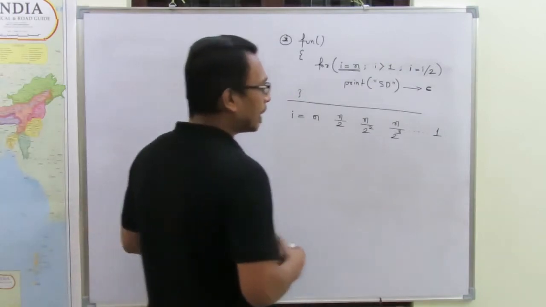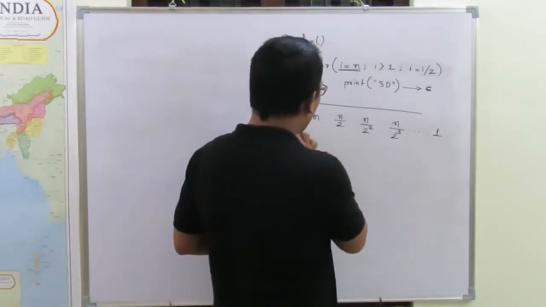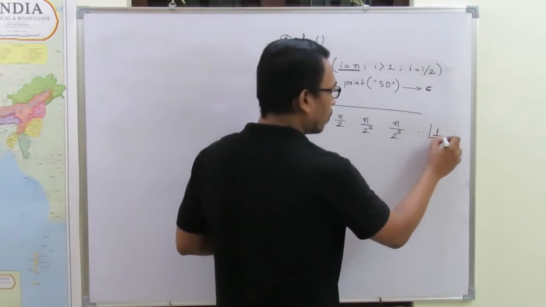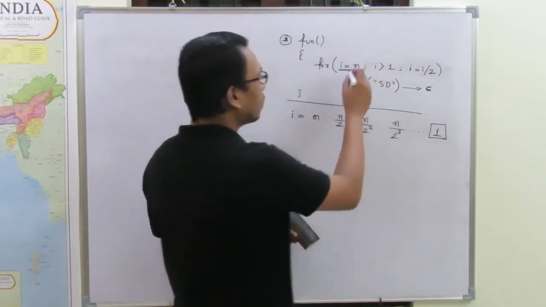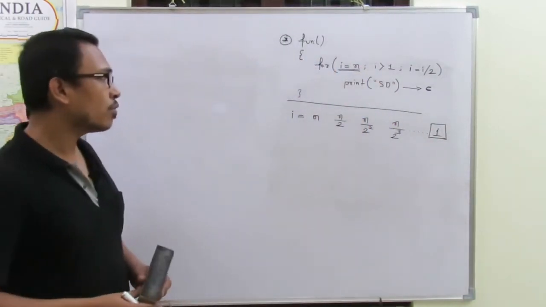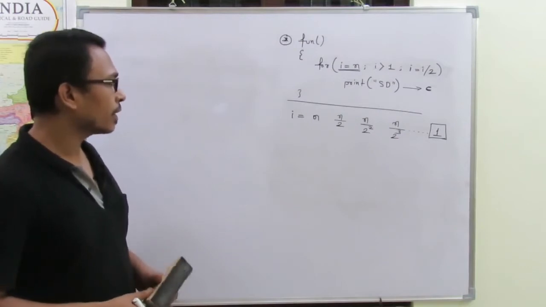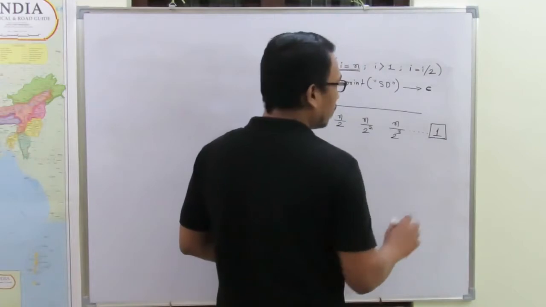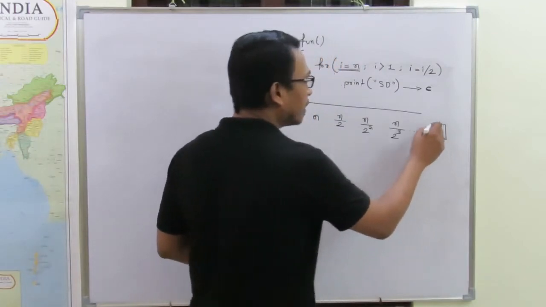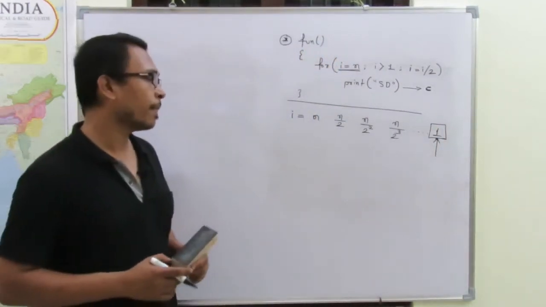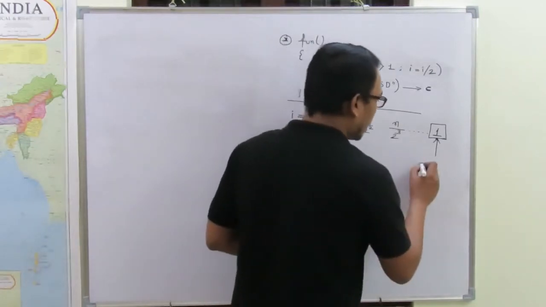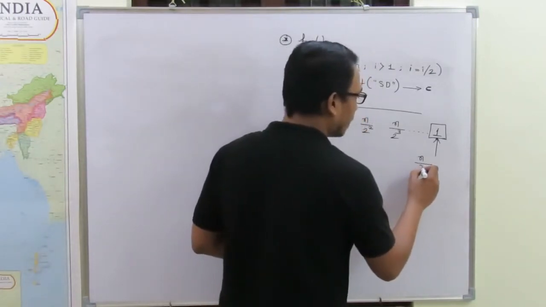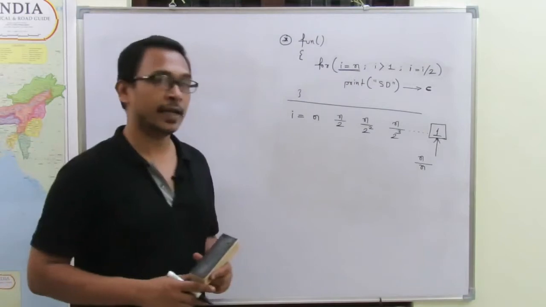Now that means when the value of I reaches 1, at that time the iteration will complete. Now when will we reach 1? We will reach 1 only at that time when we have n by n.